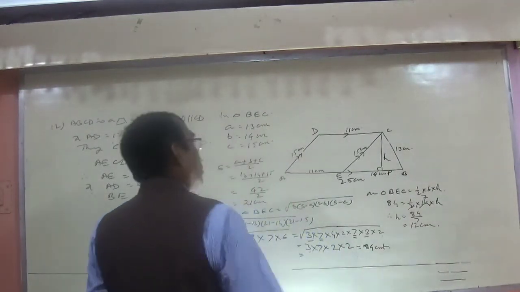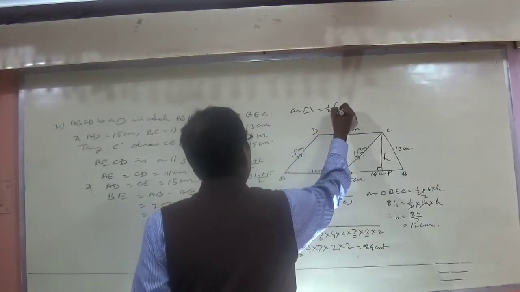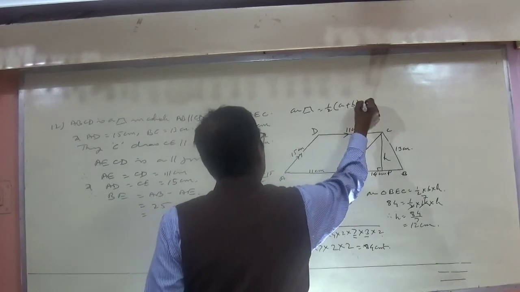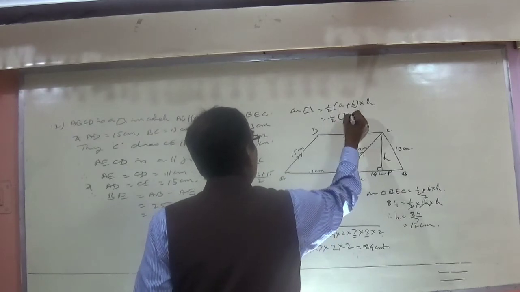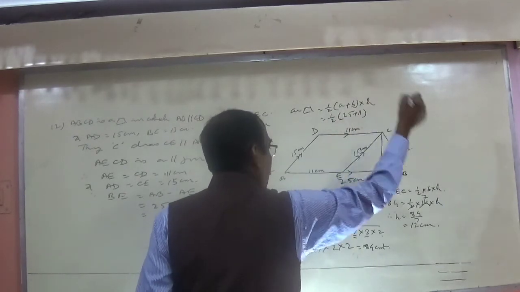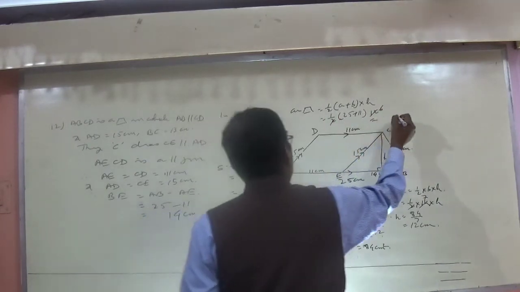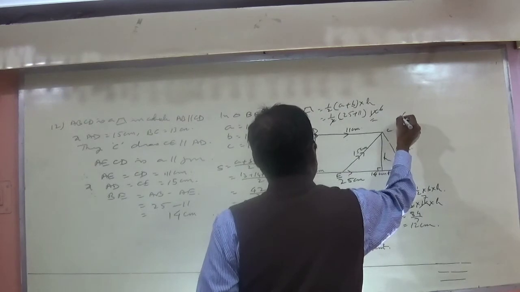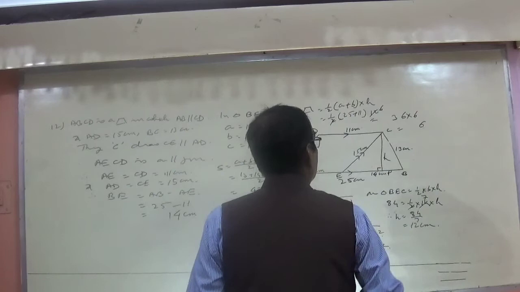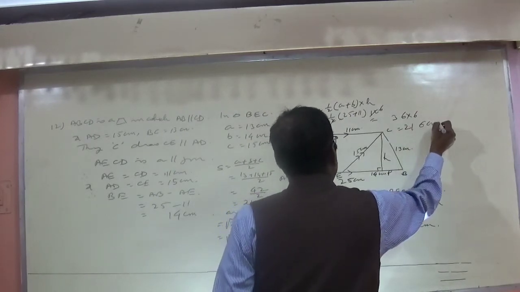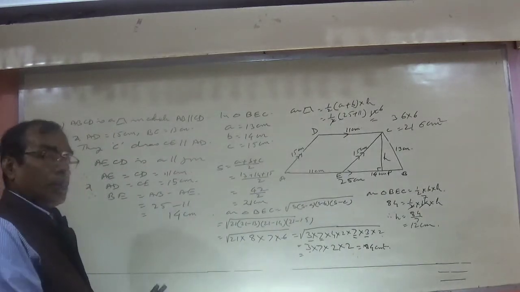Anyway, so area of trapezium is equal to half into sum of the parallel sides into height, which is equal to half into 25 plus 11 into height 12, which is equal to 6 into 36, 6 sixes are 36, carries 3, 216 centimeter square. So this way we are going to find out the area of the trapezium.